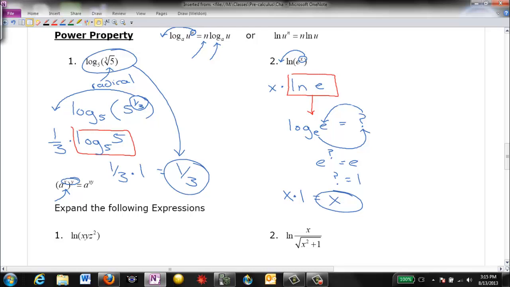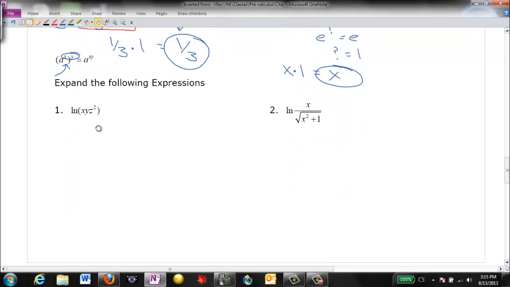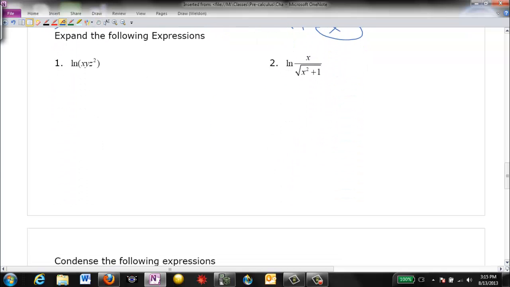Now, the problems do get a bit more complicated when we combine some of these properties. We can combine the quotient property, the product property, and the power property all into one problem and use them in conjunction with each other to simplify expressions. You're going to see one of two types of problems when it comes to this particular topic.